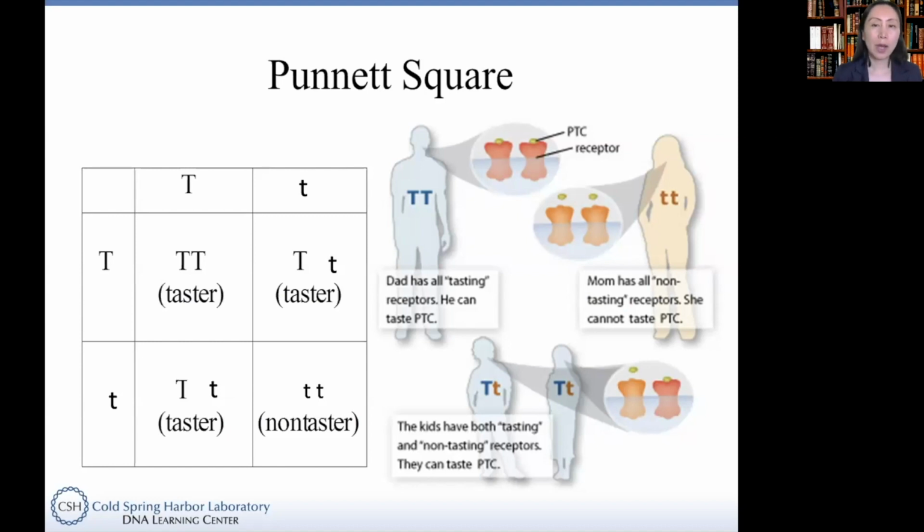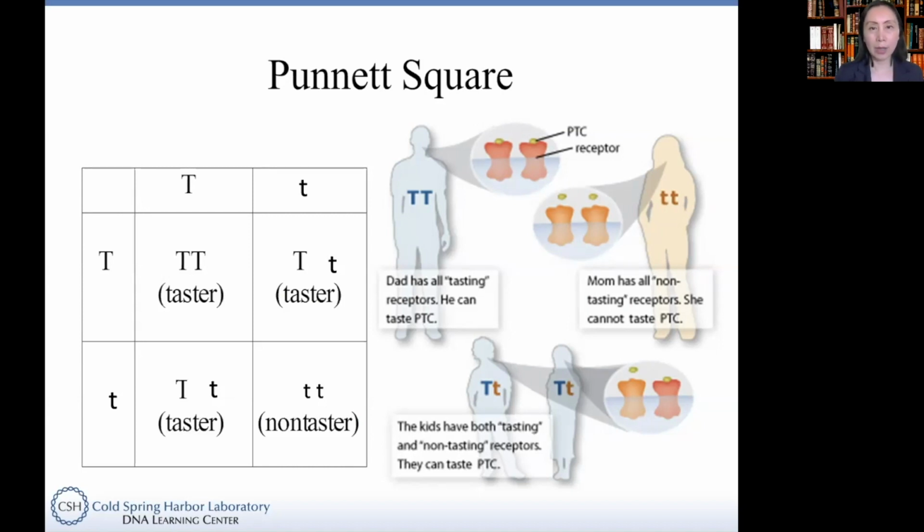In part 1, we learned PTC bitter taste ability is a recessive trait, which can be passed on from generation to generation following Mendel's rule. Let's say if dad has all tasting receptors, he can taste PTC.